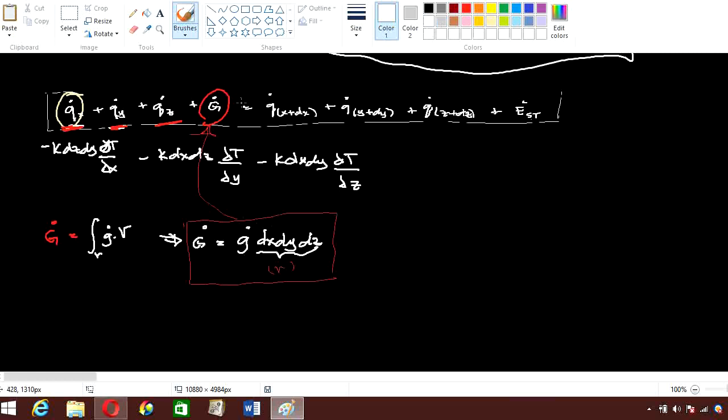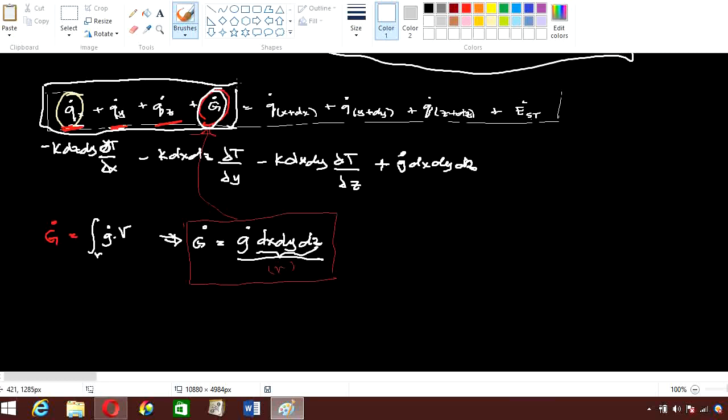When we substitute this, from here we can add this value to represent this total G. So we have G dot dx, dy, and then dz. So we already have these terms in terms of the different expressions based on Fourier's law and the total heat generation in a medium.